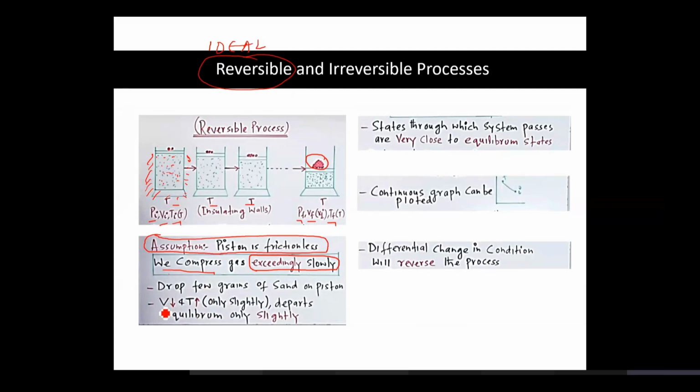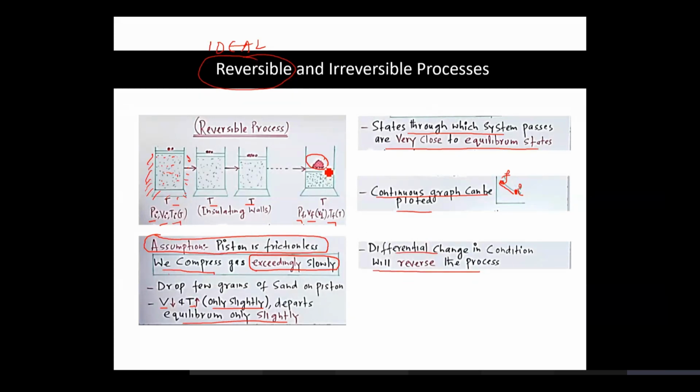As you're compressing, your volume is decreasing and your temperature is increasing only slightly. So your system departs from equilibrium very slightly. The states through which the system passes are very close to equilibrium states, and a continuous graph can be plotted between the initial and the final states. A differential change in condition will reverse the process.